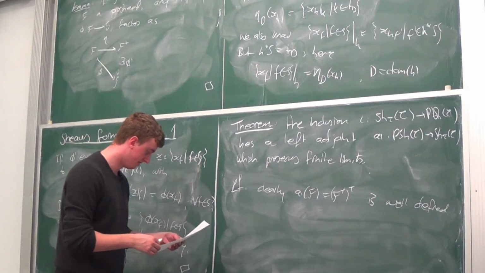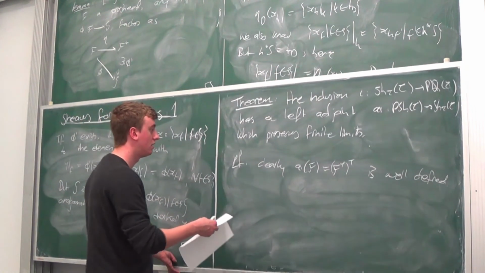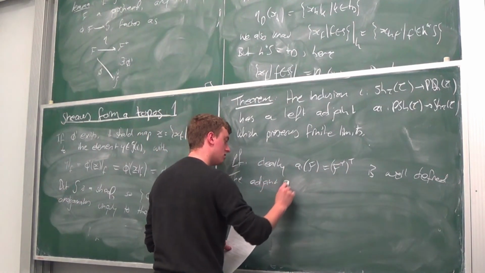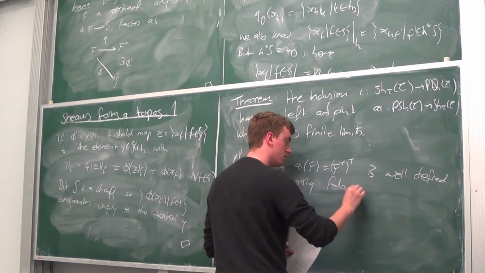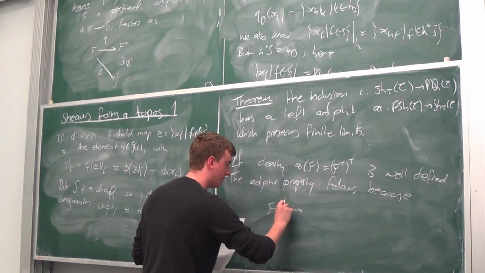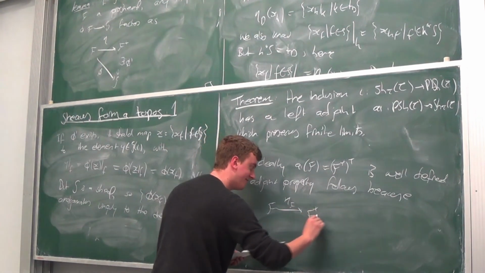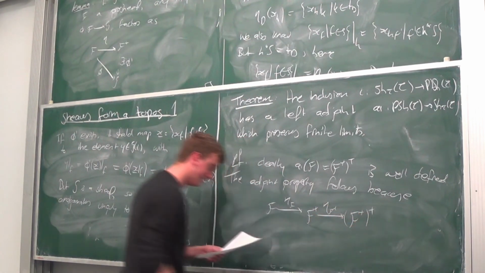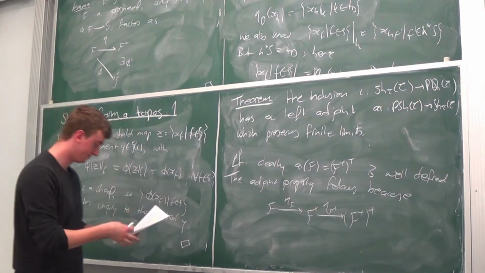And the adjointness comes from the fact that the adjoint property follows because F going along eta to F plus, going along eta F plus to F plus, is universal by our previous lemma.